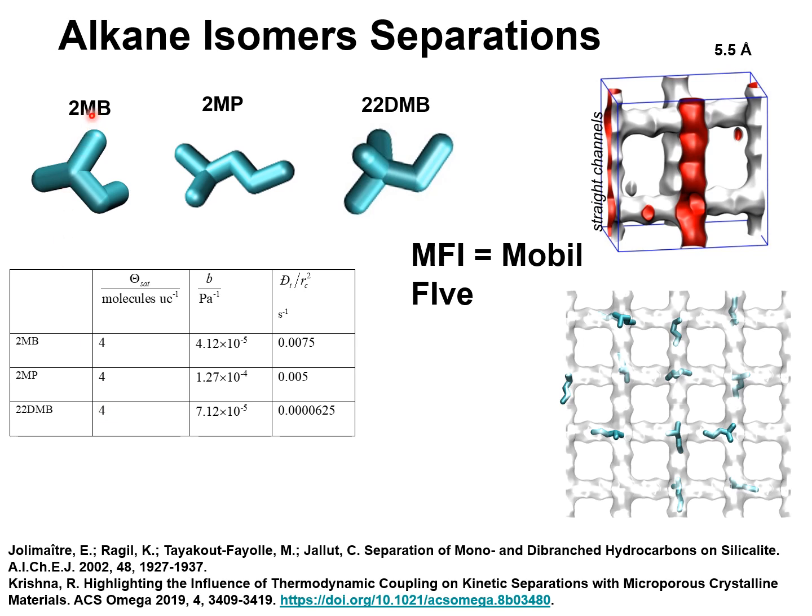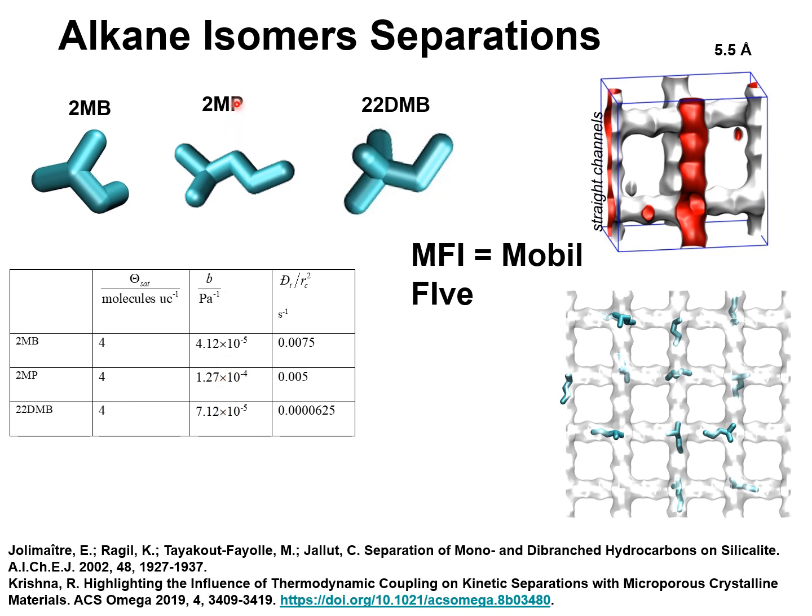For 2-methyl butane, the Langmuir constant is 4.12 times 10 to the minus 5 Pascal minus 1. The corresponding Langmuir constant for 2,2-dimethyl butane is higher. It's 7.12 times 10 to the minus 5.